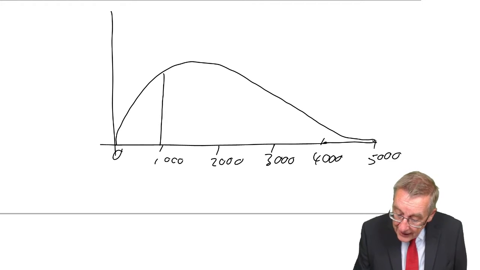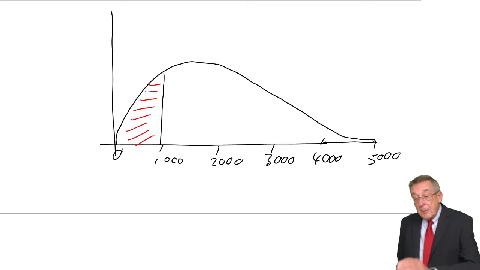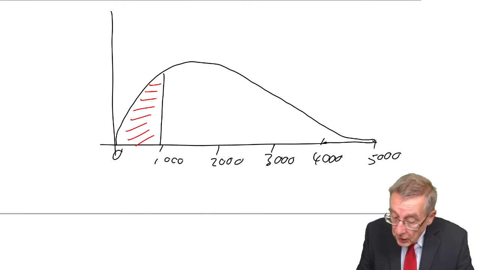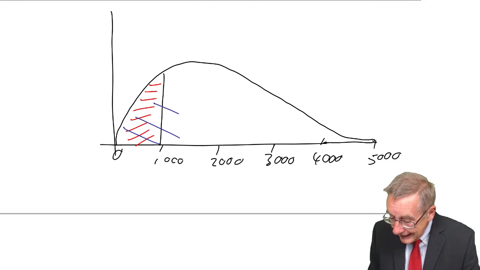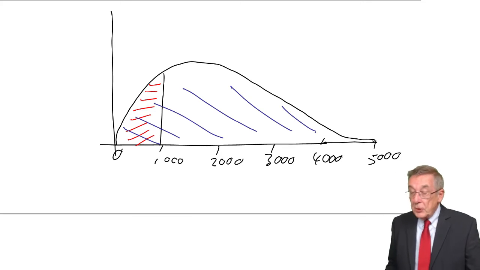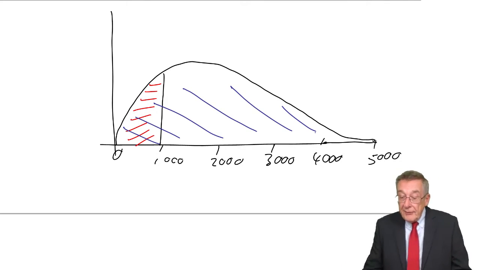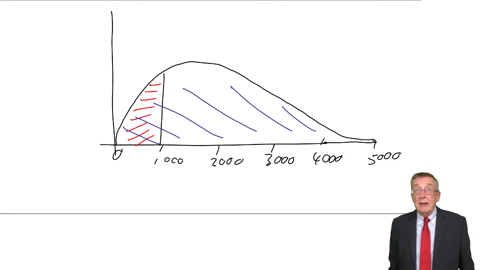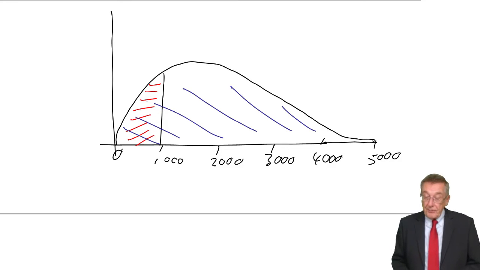Well, this area here, it's only a smoothed out histogram. That area there is proportional to the number of people between 0 and 1,000. The total area under the curve is proportional to the total number of people in the sample. And so if I worked out the red area as a proportion of the total area, that would be the proportion of people in that range.